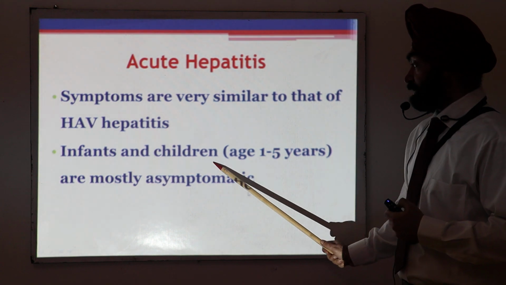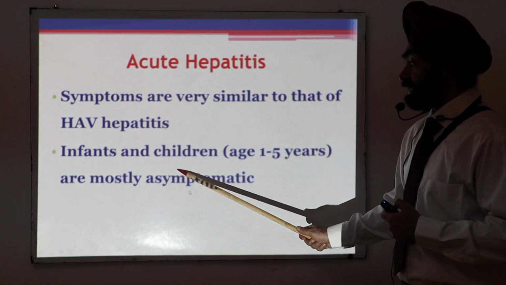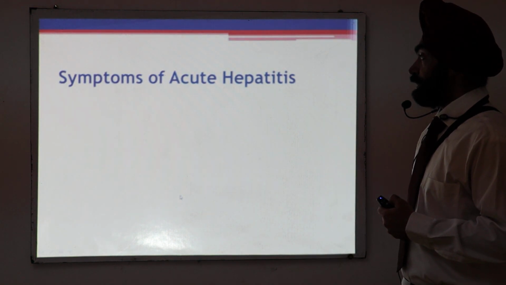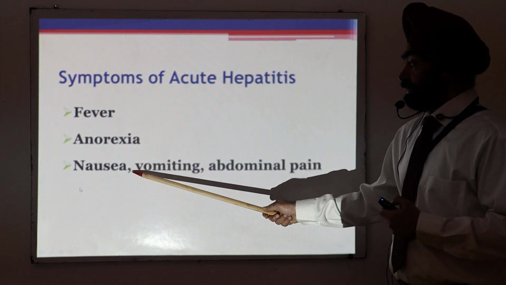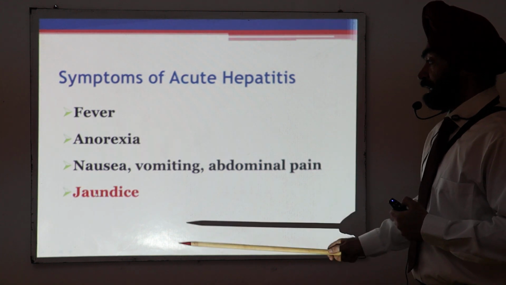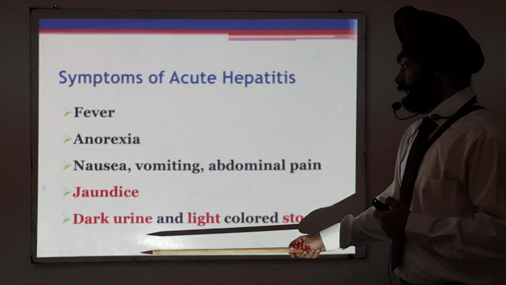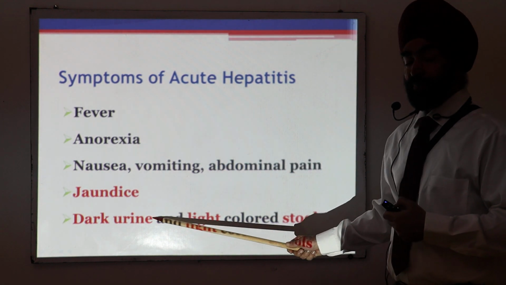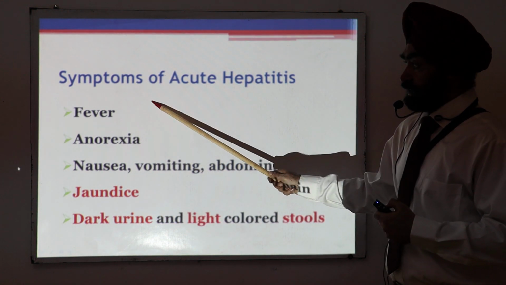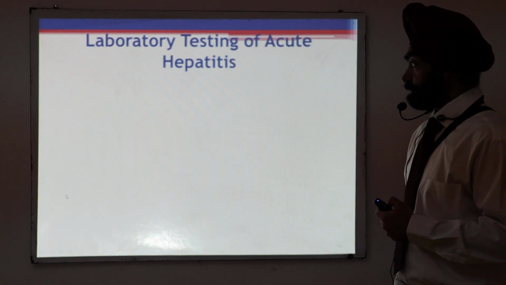You can say these small children will be asymptomatic. So what are the symptoms? Fever, anorexia, nausea, vomiting, abdominal pain, jaundice, dark urine, and light colored stools. If you remember, just go through hepatitis A. These are the similar symptoms.